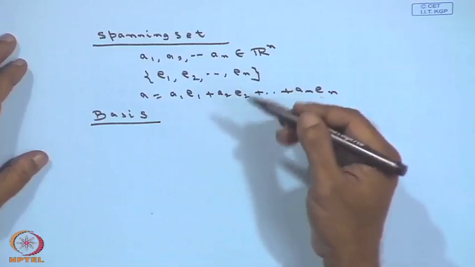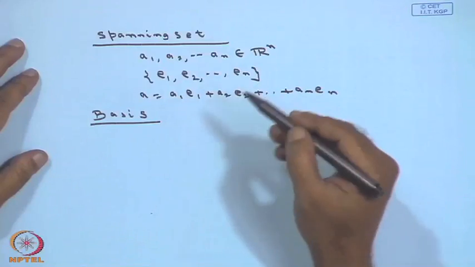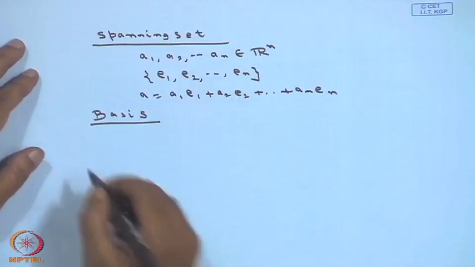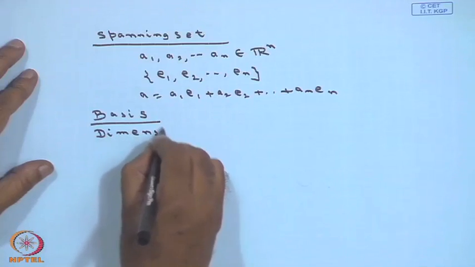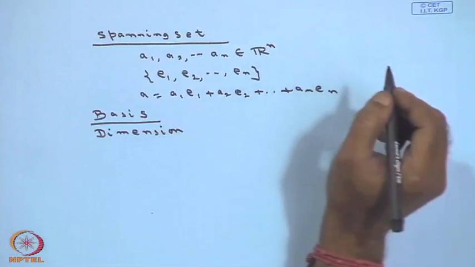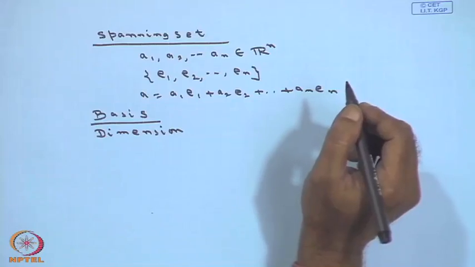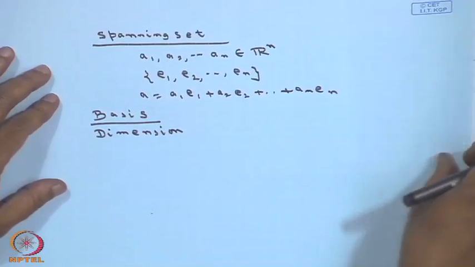So, basically, a linearly independent subset of vectors spanning all the vectors of a set is called the basis of that set. Along with this there is another concept, the dimension of a set. Dimension means the number of linearly independent vectors in a basis.